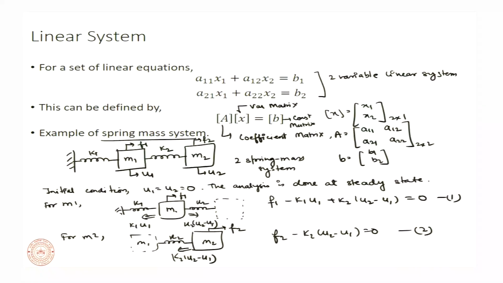So, now we have two equations. What are our variables? Our variables are U1 and U2. The others are constants. So, K1, K2 are the spring constants, F1, F2 are the forces that are driving these masses. Okay.